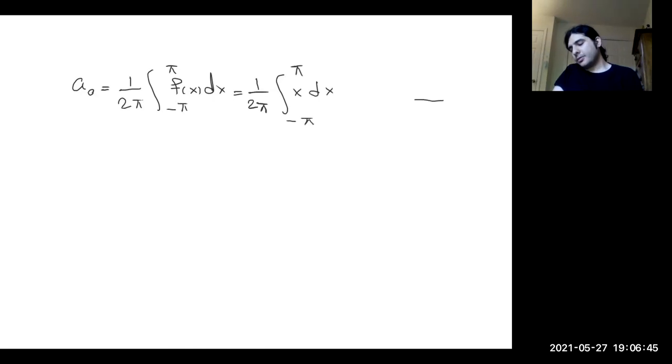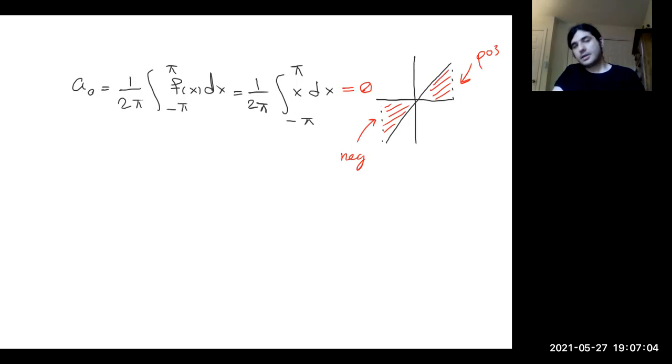We don't even need to compute that, right? Integral means the area under the graph of a function, which is here. And as we can see, this negative part and this positive part cancel each other. So this integral is equal to 0.